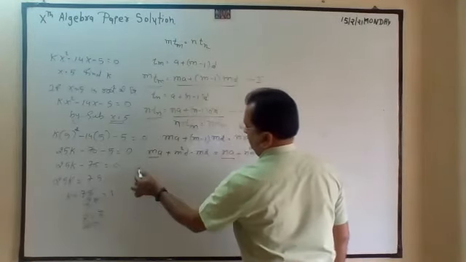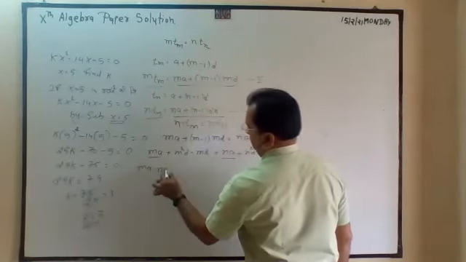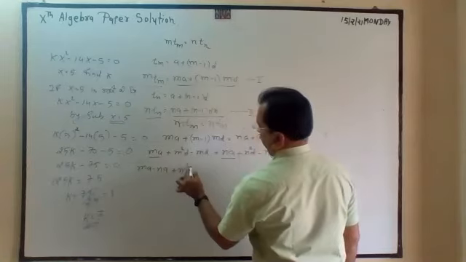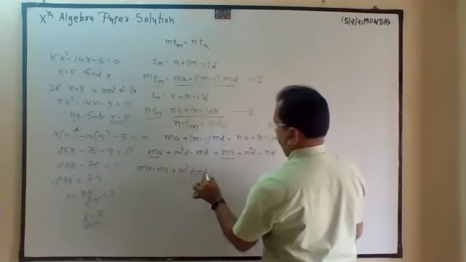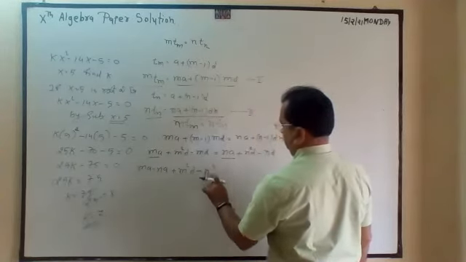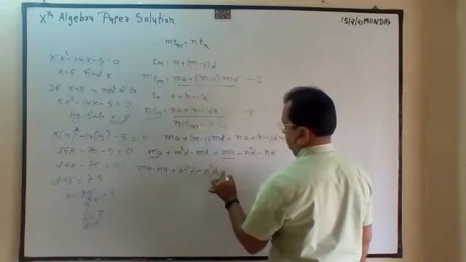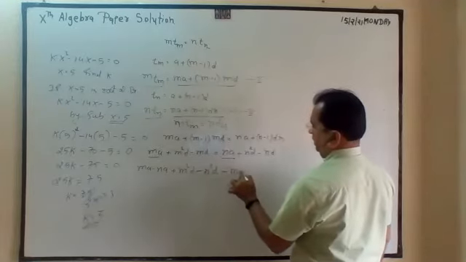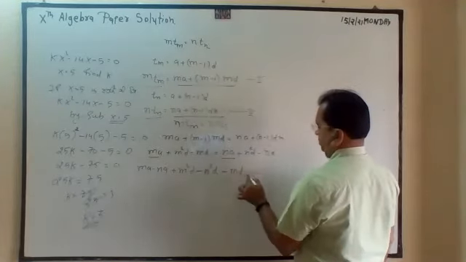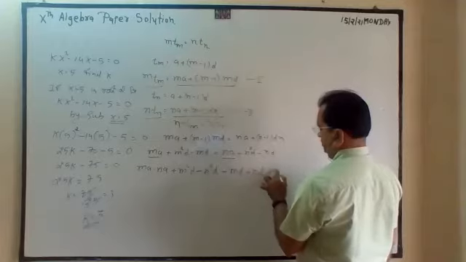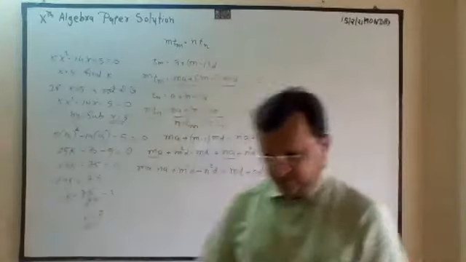Then same terms together: ma minus na, plus m square d minus n square d, minus md plus nd is equal to 0.